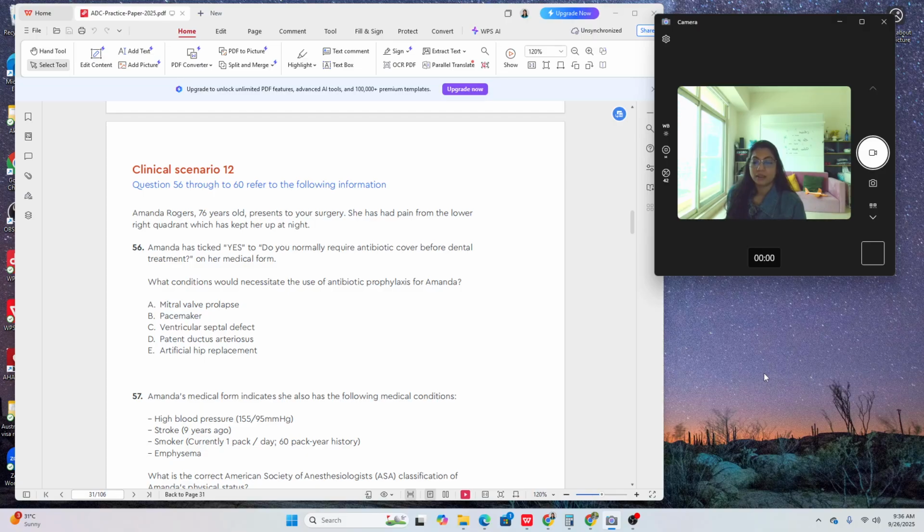But again, if it's not indicated, like the patient is 76-year-old. If it was a severe VSD, then it would have been repaired earlier on. PDA, again, see, VSD and PDA both technically by American Heart Association do not require antibiotic prophylaxis, and the patient is 76-year-old.